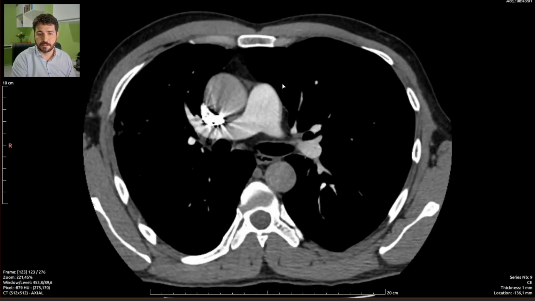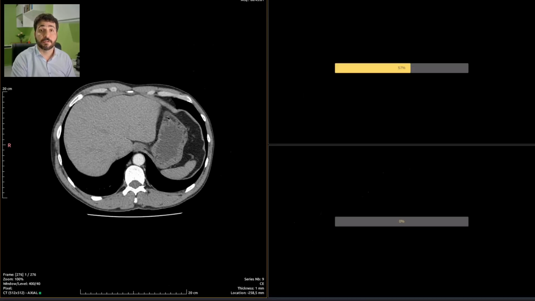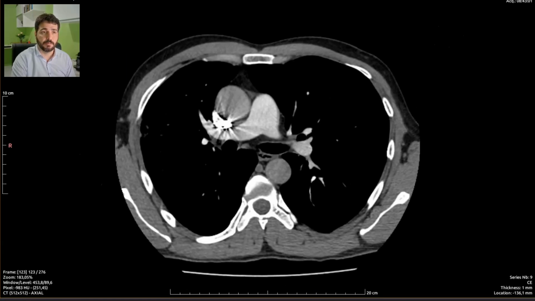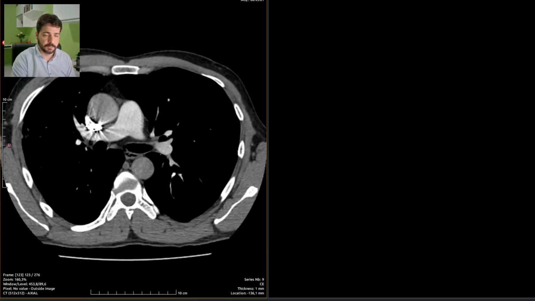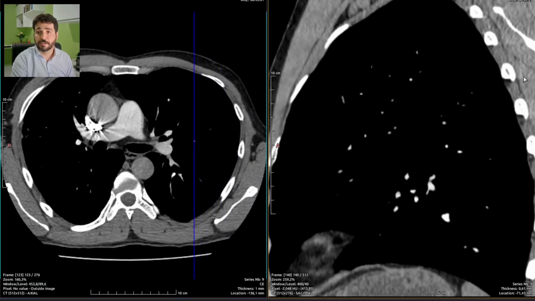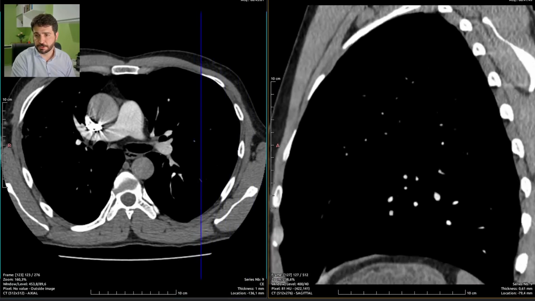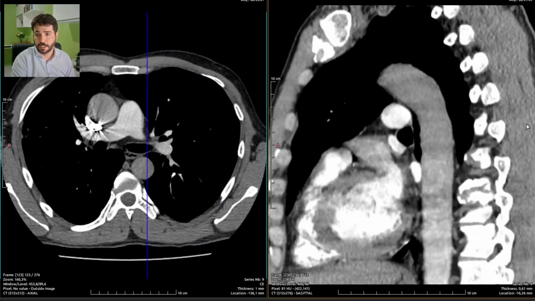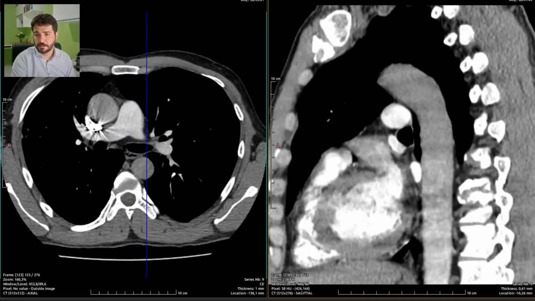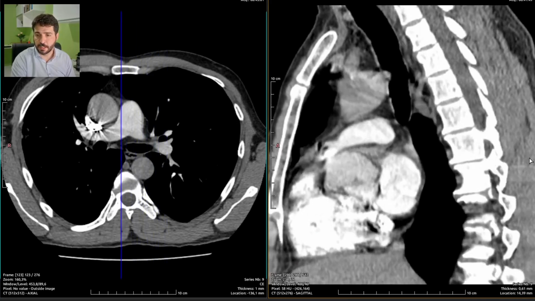I know there are no signs of thrombosis, but as we are recording and talking about it, let's make it through and look for thrombosis on MPR reconstructions. So this is a sagittal view. Sagittal views help us a lot. So we have here the pulmonary trunk, or truncus in Latin.